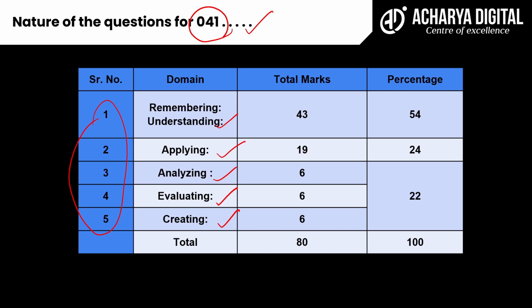Out of these 5 domains, the first one carries maximum marks, that is 43 marks. So that's why it is taking more than half of the weightage or more than 50% weightage, that is 54%. So here simple examples where you are supposed to understand the concept.